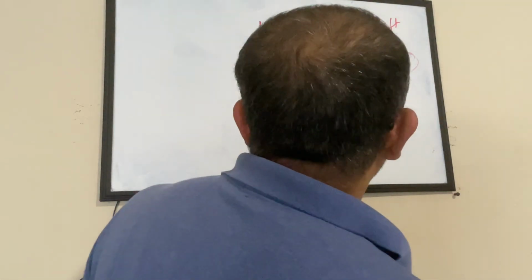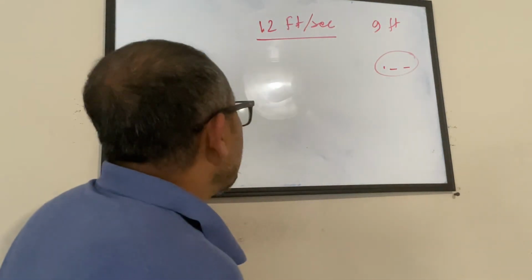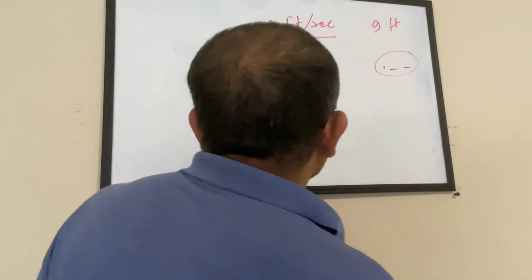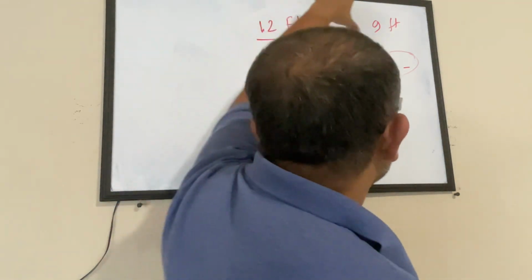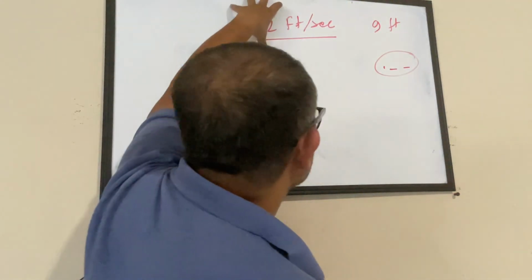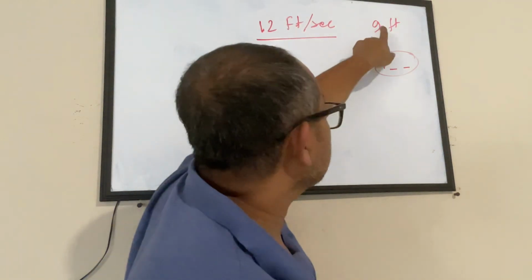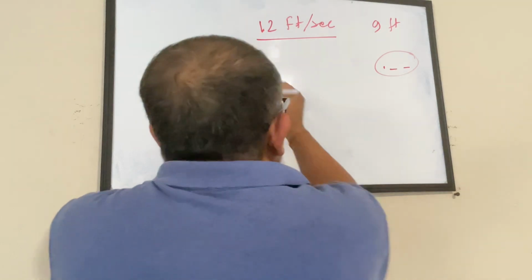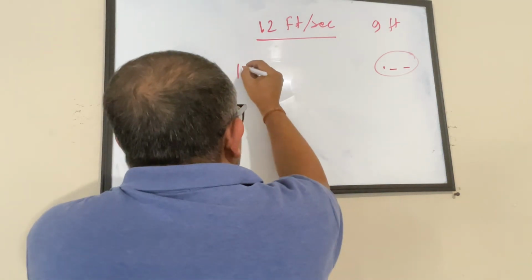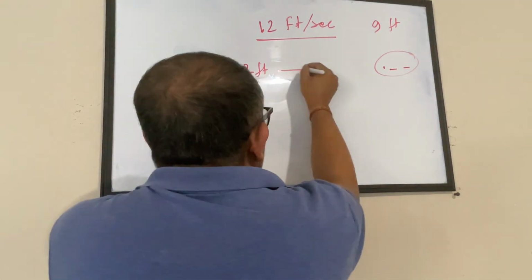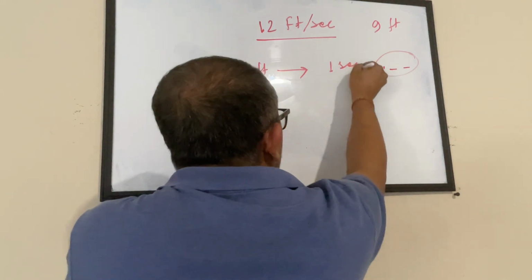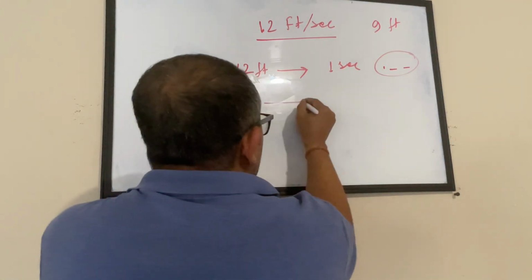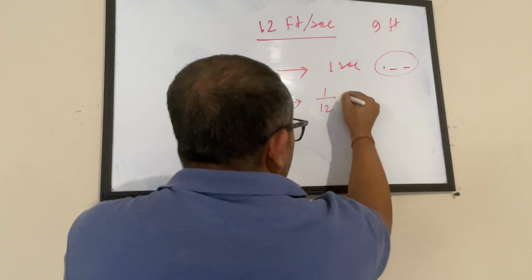Now, before I try solving it, I have read this enough. I am doing my analysis that okay, this is my speed, this is the distance, meaning I can cover this much distance in 1 second. So how much time will I take? Okay, that seems easy. 12 feet I can cover in 1 second. 1 foot I can cover in 1/12 of a second.